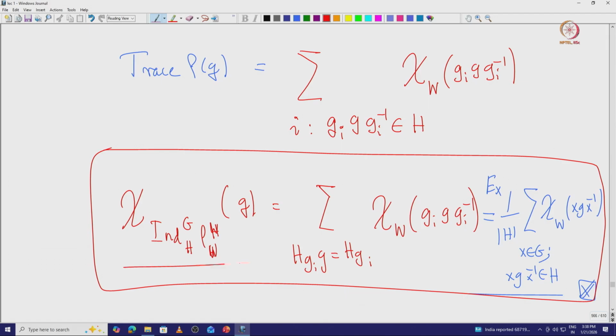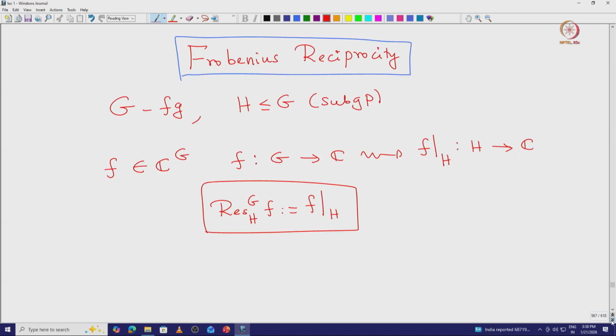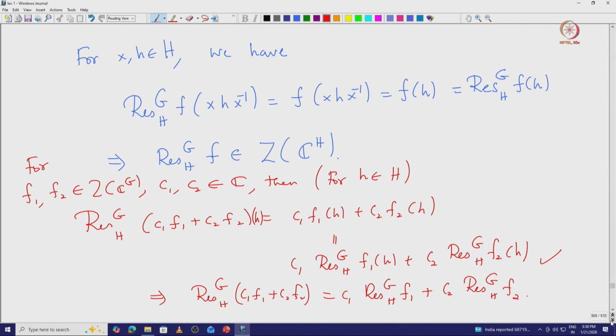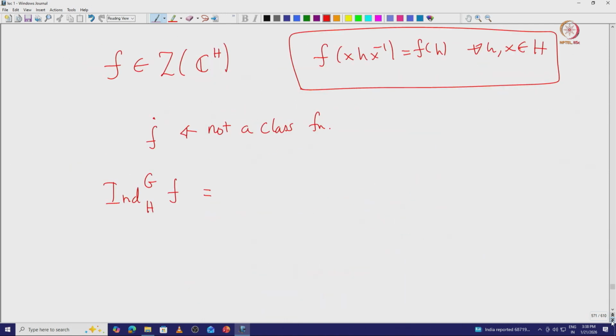The induced representation character is given by 1 divided by the cardinality of H, sum over the character of this H representation W applied on x g x inverse, where x runs over G such that x g x inverse is in H. This is the expression that we are going to take for the induction of any class function. Motivated by that, we can define the induction of this function f from H to G as follows.